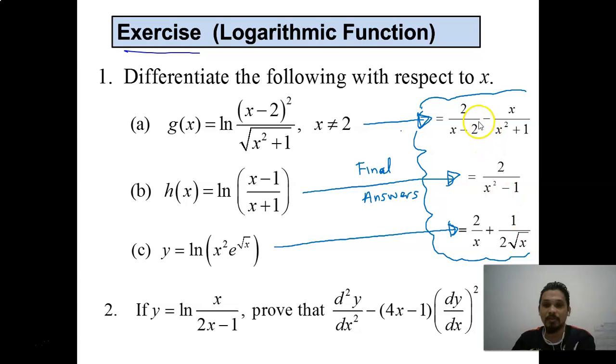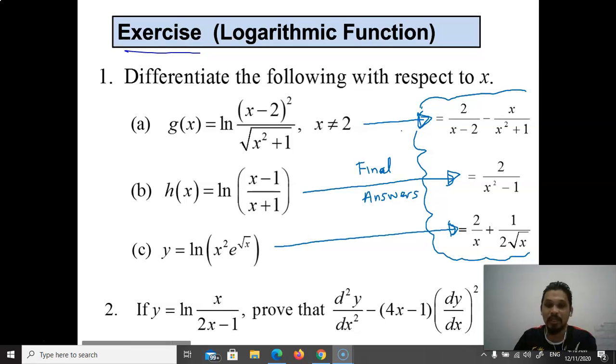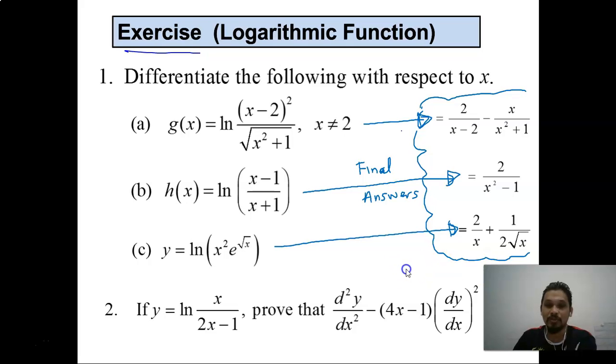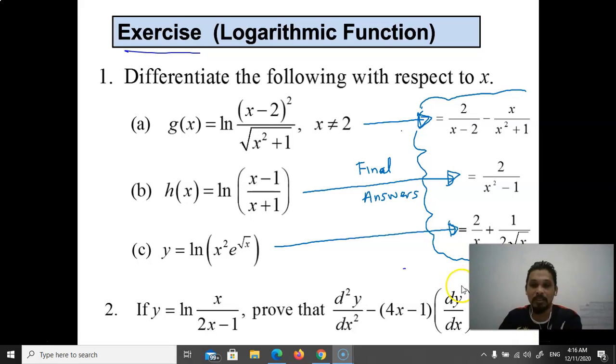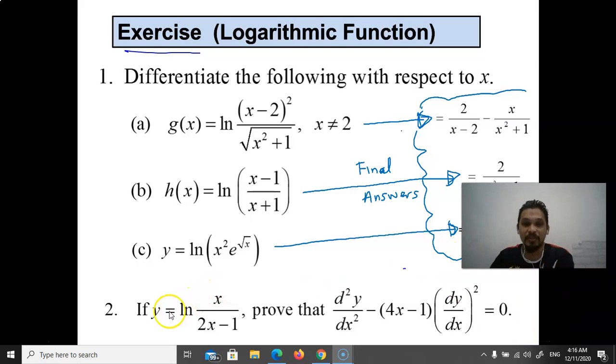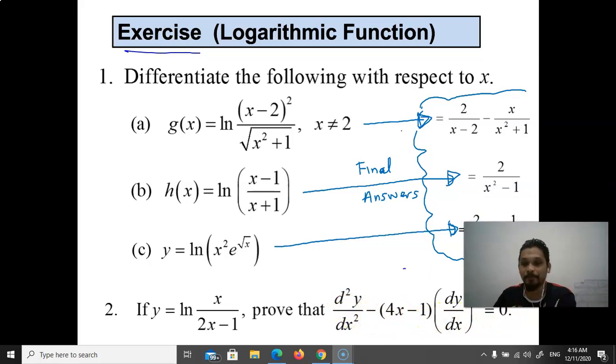Copy all these answers and try them one by one to see whether you can get them. If you can't solve them, bring these problems into your tutorial class. Given here, prove that the second derivative of this minus n equals 0.